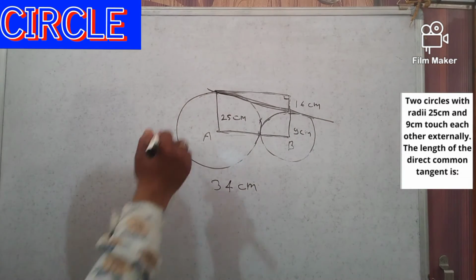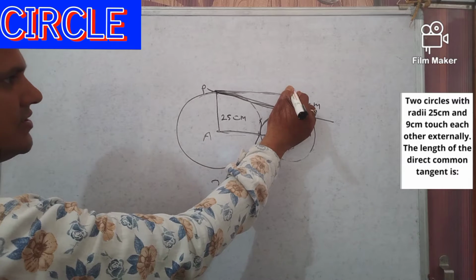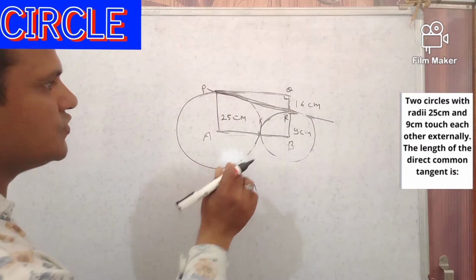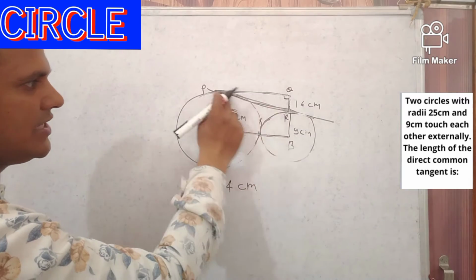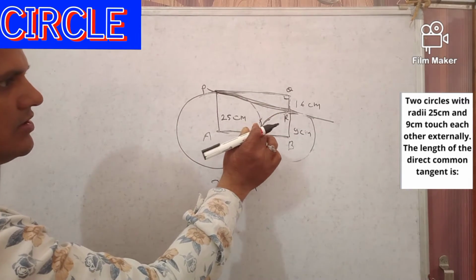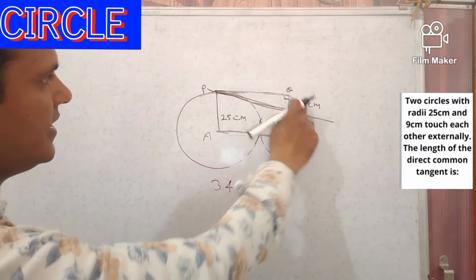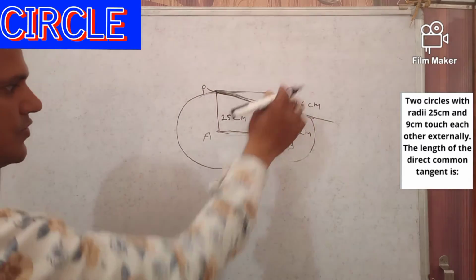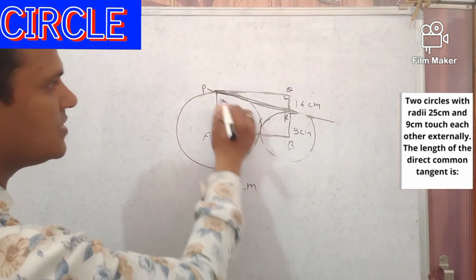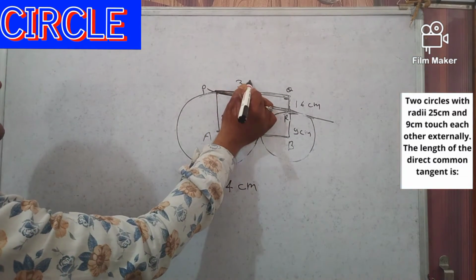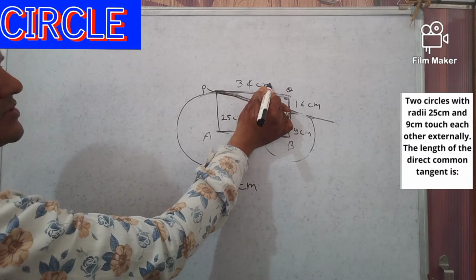Suppose this is point P, this is Q and this is R. So we have PR, QR is 16 centimeter, and PQ, this length, is equal to this length, which is 34 centimeter.